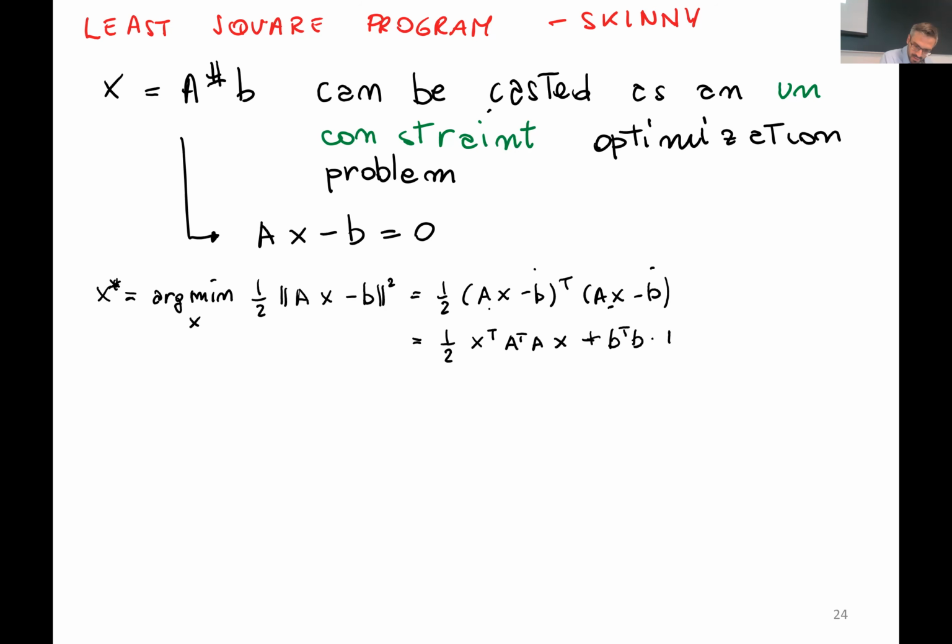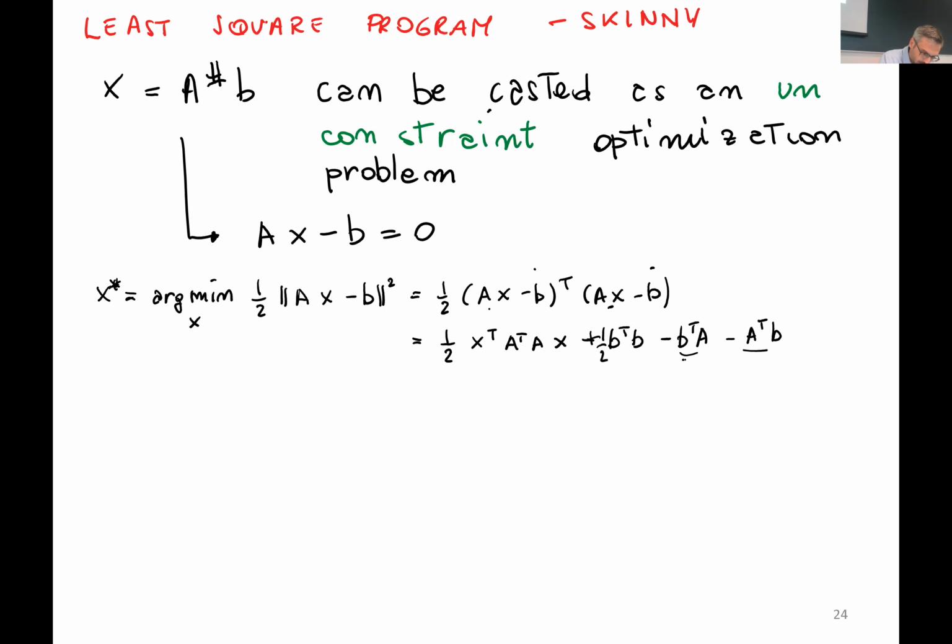And the double product, because they are scalars, can be summed up together, because we have B transpose A minus A transpose B. Because they are scalars, they can be flipped and we can sum them up.